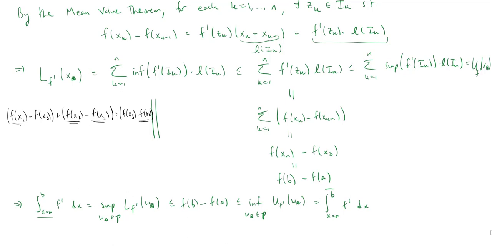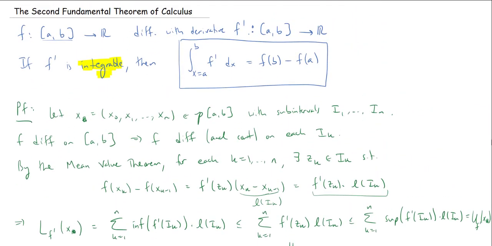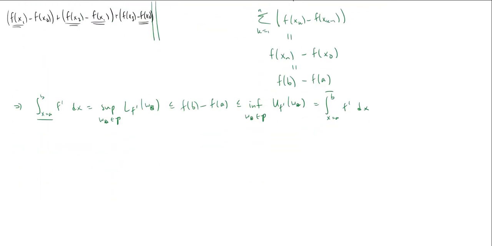But our assumption, and this is where we need to use that f prime is integrable, our assumption that f prime is integrable means that the upper and lower sums are equal. So since f prime is integrable, the lower integral has to equal the upper integral.